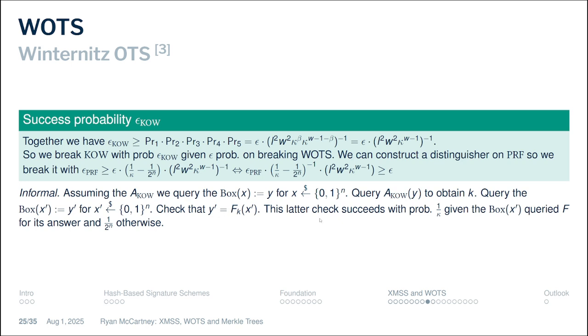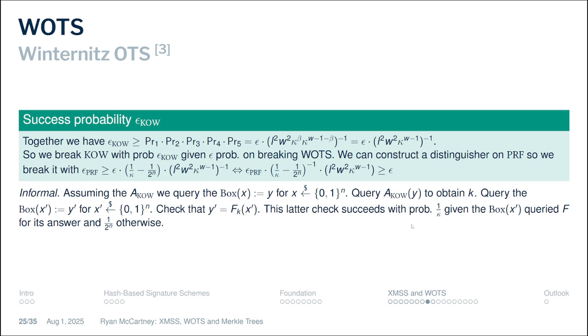This check means just apply this K we have obtained from this first Oracle query with the values we got from the second Oracle query. So this X prime, and we get now this Y prime. And there is a probability that this actually matches. The probability that this matches, as you can see in this check here, is if we've chosen the box query. In the box query, we've chosen the function from our function chain.